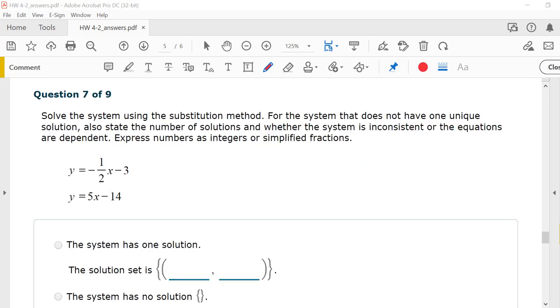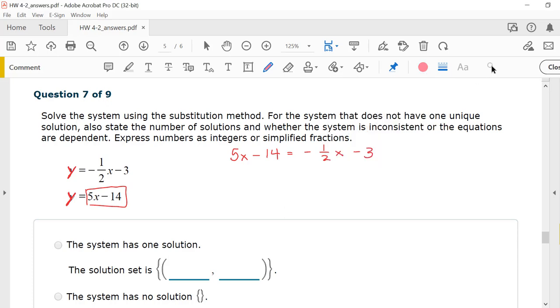Question 7. It already gives me y equals 5x minus 14. Let's go plug that in for that y. So I'm plugging this wherever it says y in the first equation. So 5x minus 14 equals negative 1/2 x minus 3.